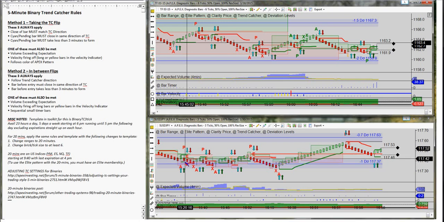I probably would have got caught in this one myself, but it had exceeding volume and nice little bar timers. Did it? 6.93, maybe not. But anyway, this bar here took a long time to form. So that's your cyan, and that's telling you to stay out. It would not have been a valid trade because this bar took a long time to form.